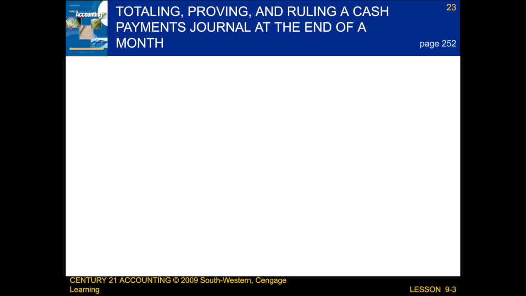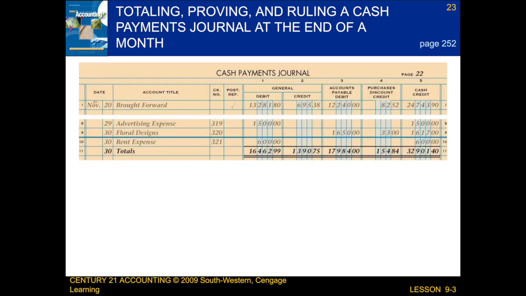The last thing that we're going to be talking about in this lesson is totaling, proving, and ruling a cash payments journal at the end of a month. When we do this, there are a few steps that we follow. First, we draw a single line rule.